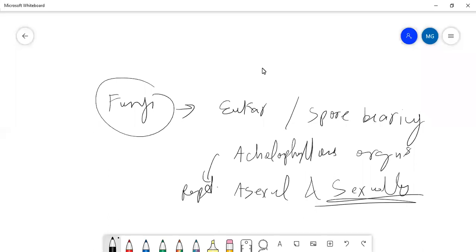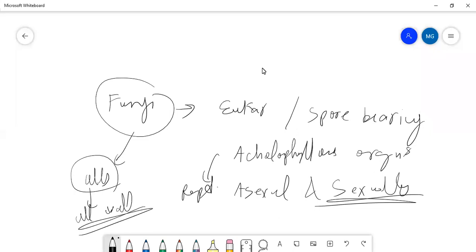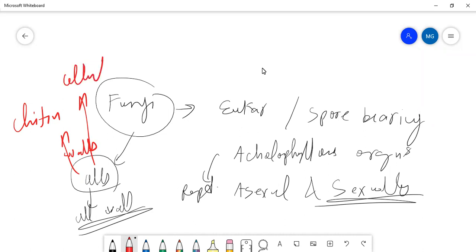And we know the fungal cells also contain a cell wall. The cell wall either contains chitin, or their cell walls may also contain cellulose, mannan, or glucans.